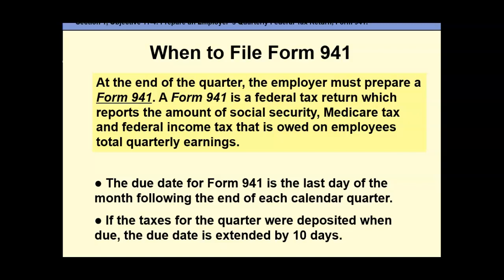So if the taxes have not been paid, then the 941 and the taxes are due on the last day of the month following the end of each quarter. If you paid the taxes prematurely, they give you an extended 10 days to complete the Form 941.